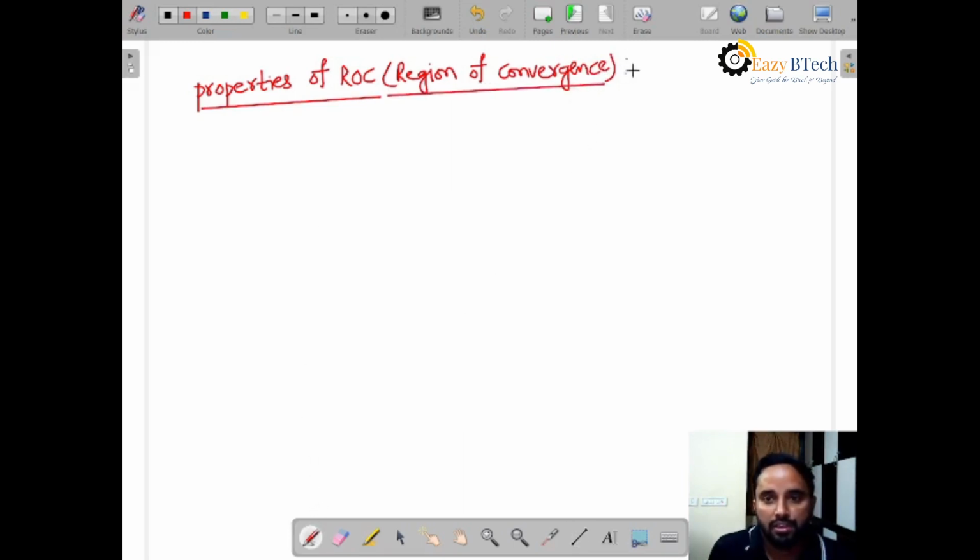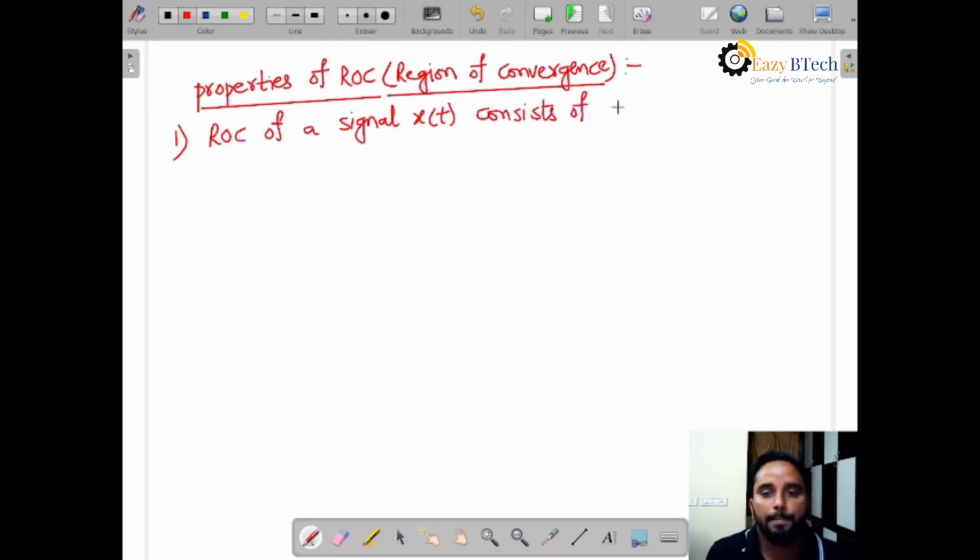So the first point is, the ROC of a signal x of t consists of strips parallel to the imaginary axis, or j omega axis.